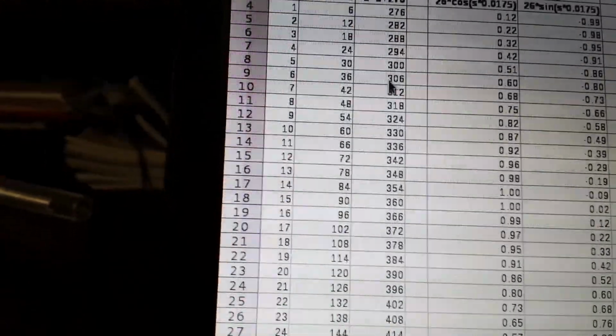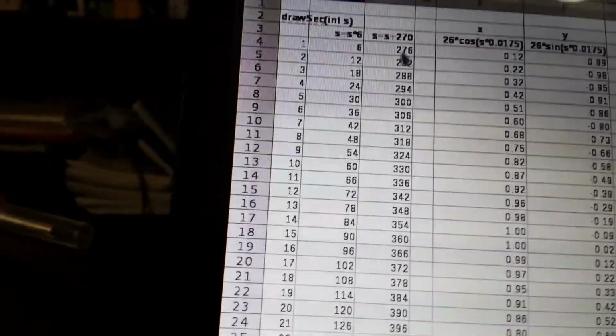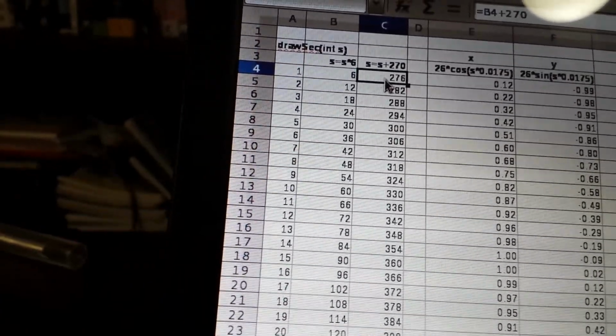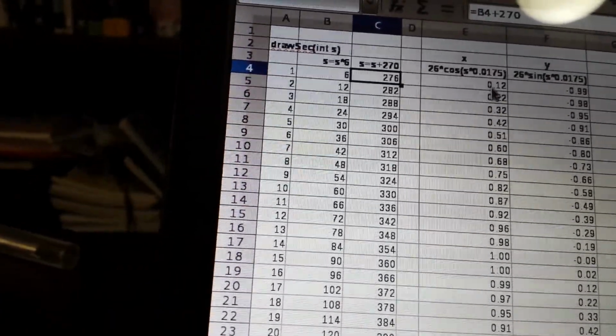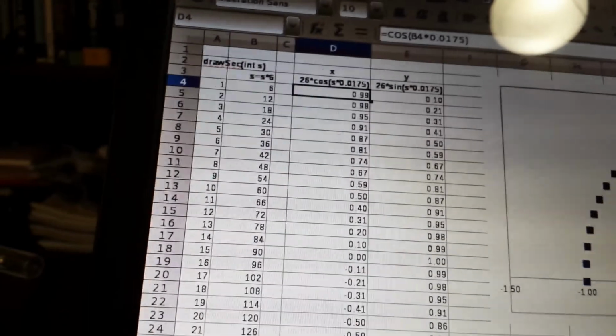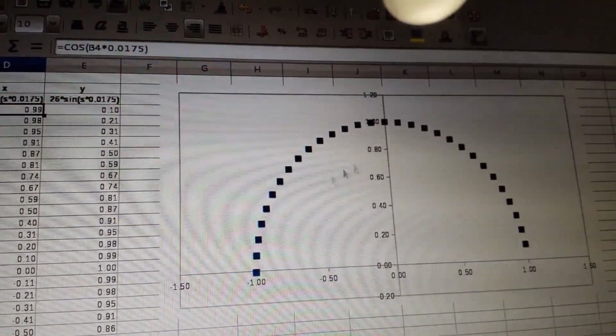I didn't go that far with my fancy little chart here. But then he adds 270 degrees to it to bump it around. I found if I take that 270 off, it starts in a little bit different place.